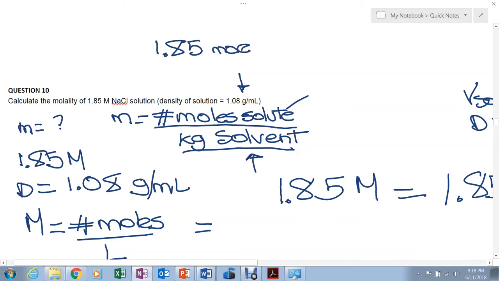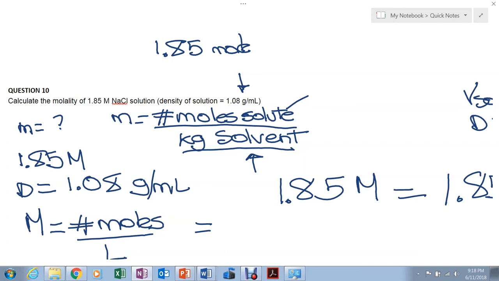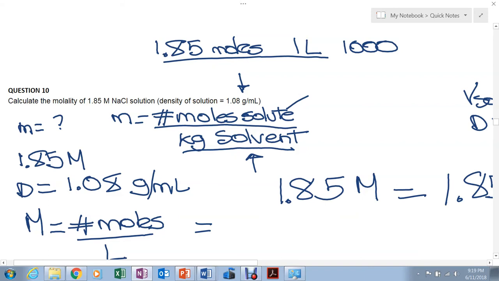You got the moles. You got 1 liter because you assume 1 liter, so it's 1,000 milliliters, so you got the volume of the whole solution.